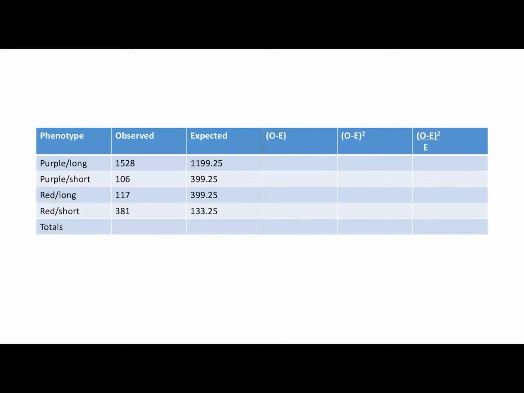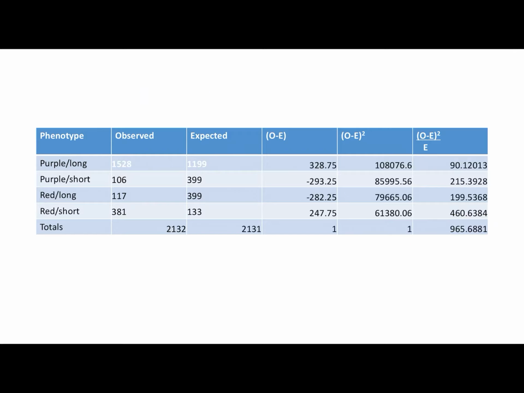Okay, so let's look at this. So this is the table. I've put the observed results here and the expected here. And then you just work out this O minus E squared, and O minus E squared divided by E. And then you'll get a total in this box here, and that's going to be your chi-squared value.